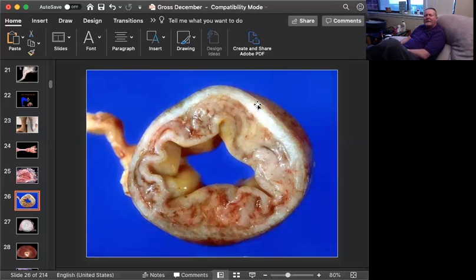Lawsonia in foals doesn't have the necrotizing lesion that pigs will have in the gut and hamsters will have in the gut. They have really just this tremendous submucosal edema as the grossly diagnostic feature. Okay, let's move on to slide number 4.